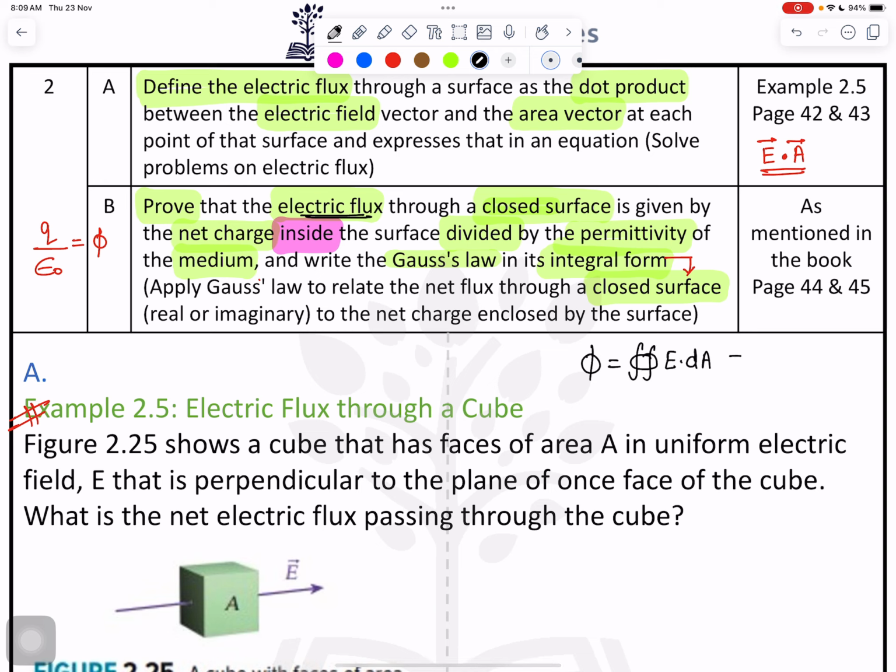Read the question: prove that electric flux through a closed surface. I told you this is the equation for a closed surface. Open surface is different, closed surface is different.